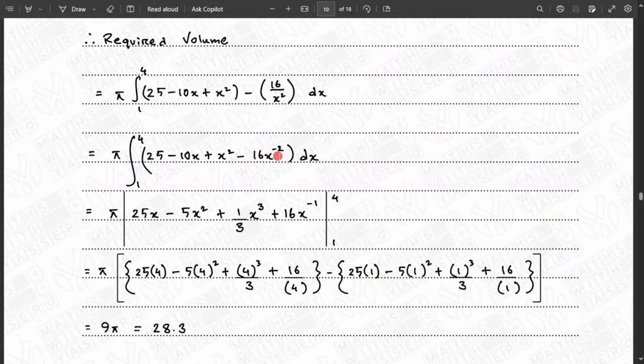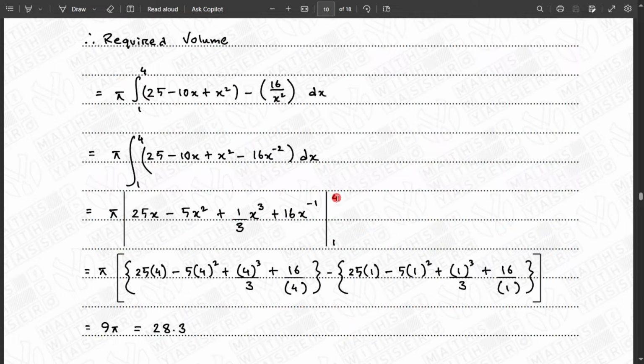The reason it's plus is because minus 2 plus 1 is minus 1, and 1 by minus 1 is minus 1. So minus minus will become positive. So this will become 16x to the power minus 1. And the limits that we have are 4 and 1.